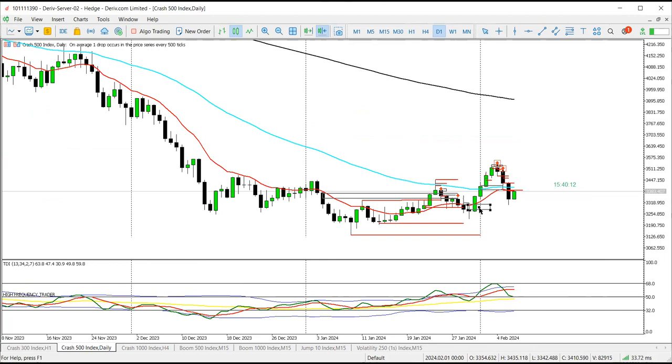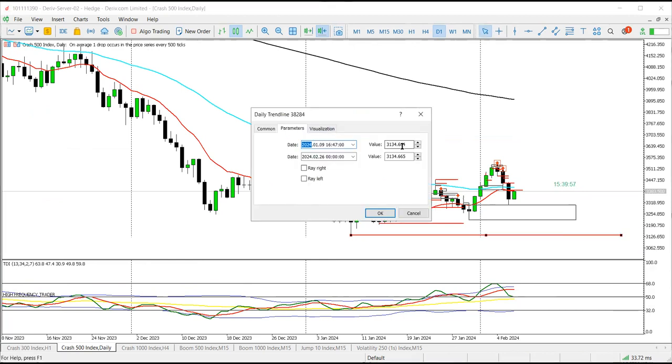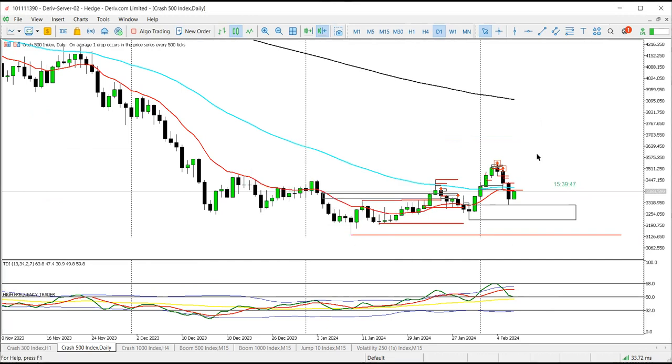Okay, we have this zone here. We have liquidity below the zone, which I was hoping price could actually get to.